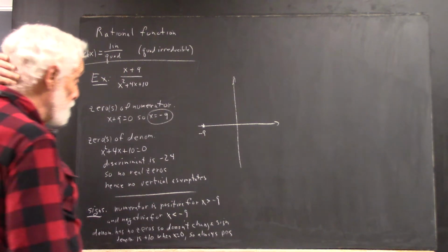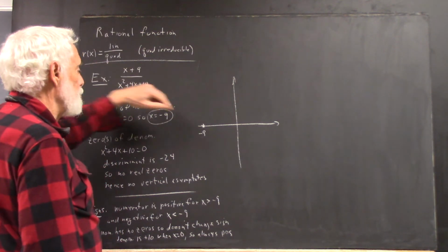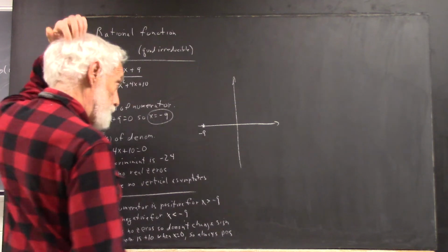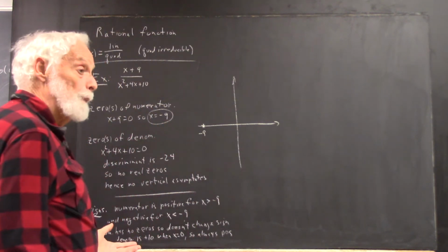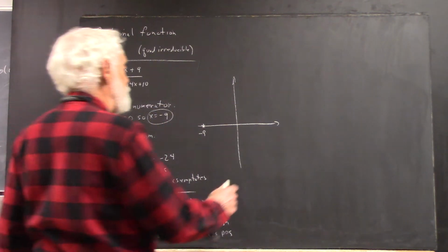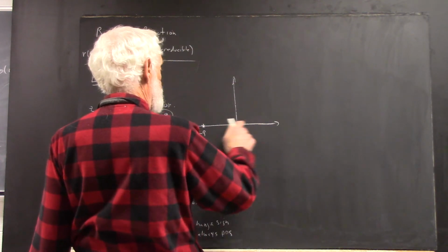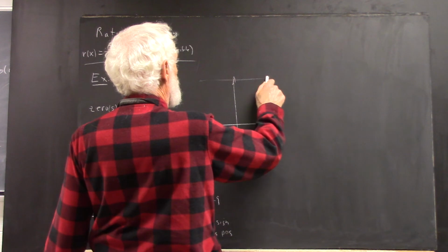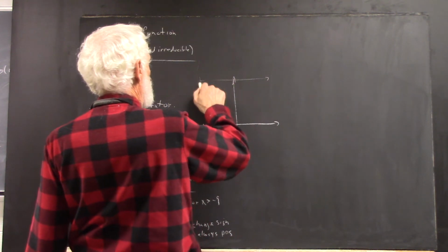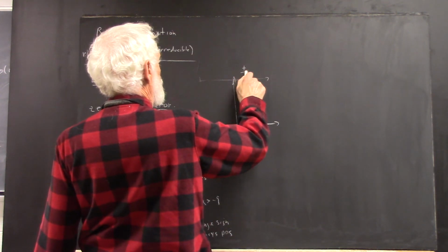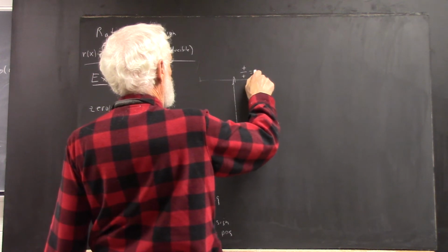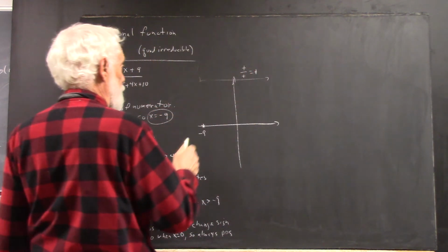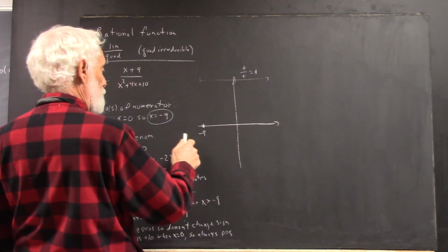So the numerator is positive from here on, negative from here to this side. The denominator is always positive, so on this interval, from here to here, you have positive over positive, which is positive. So the graph is going to be above the x-axis everywhere from here and to the right.